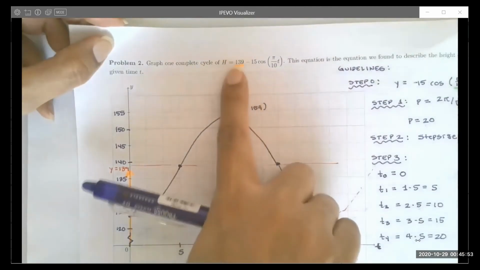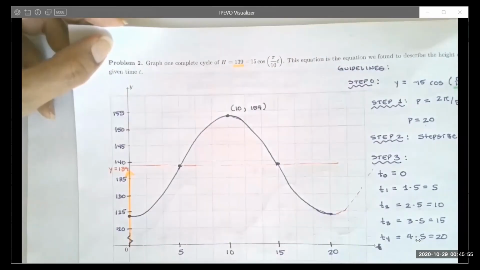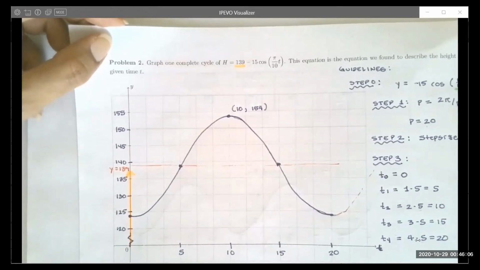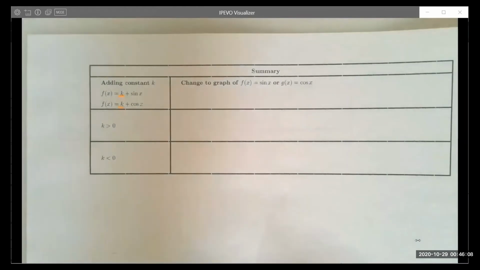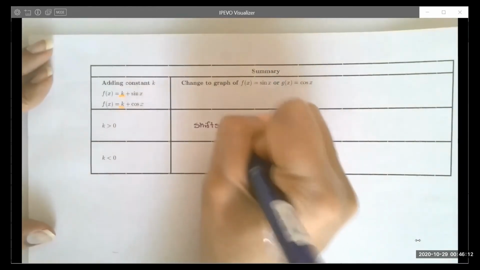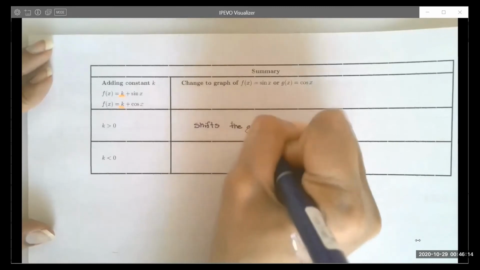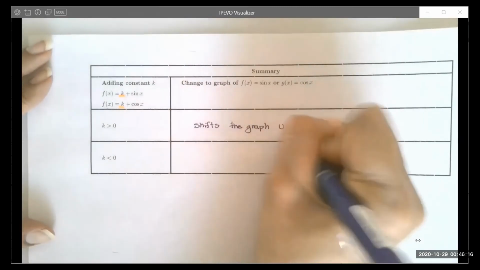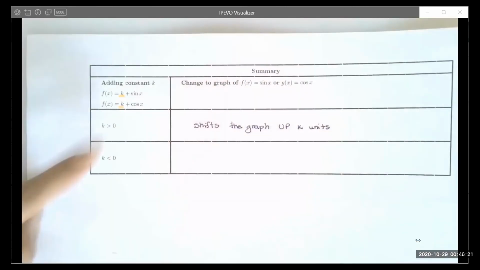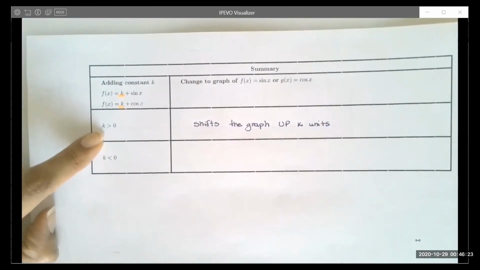This 139 does what to the graph? It shifts the graph up, right? Yeah, exactly. Very good. So it's going to shift the graph up by k units, whatever that k number is.